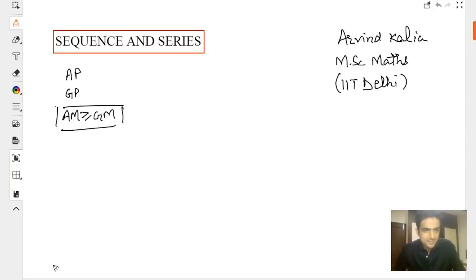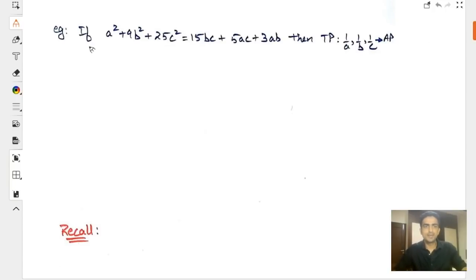My first example for you is this one. If a square plus 9b square plus 25c square is equal to 15bc plus 15ac plus 3ab, then we need to prove that 1 by a, 1 by b, 1 by c is in AP.